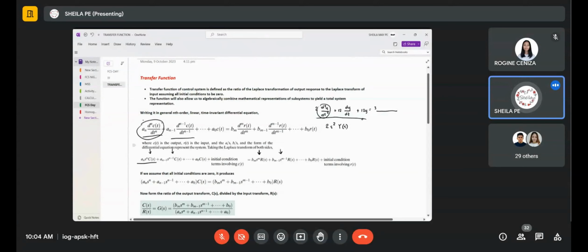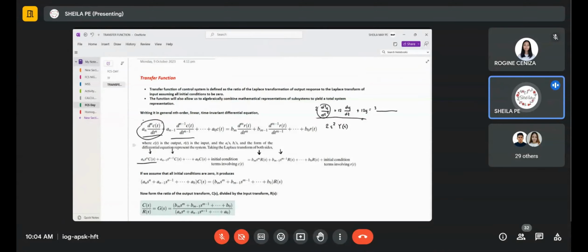And a n minus 1 is in decreasing order, so that's still the coefficient. Then dy over dt gets s because it's first order, so it's just s times C of s.